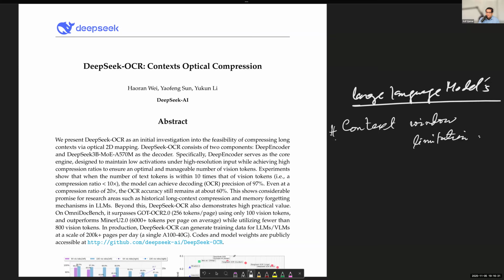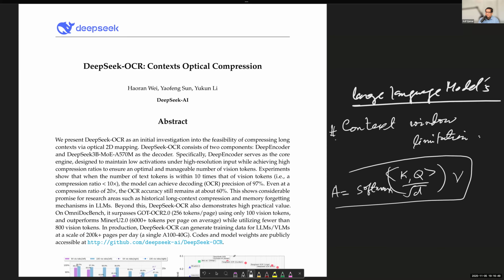That is one. The other problem is the very nature of self-attention, if you remember. If you look at this equation, the classic equation for attention from the original Attention Is All You Need, the main problem is this quadratic term, because we are paying the quadratic penalty in compute.